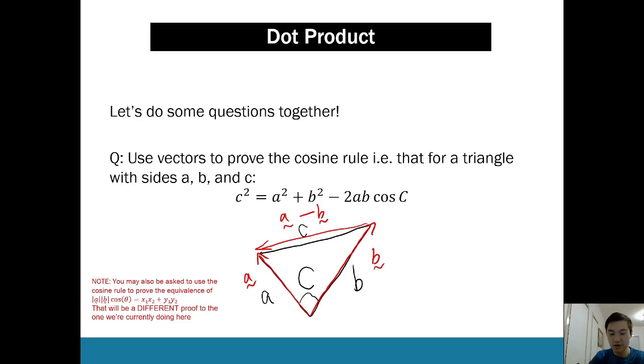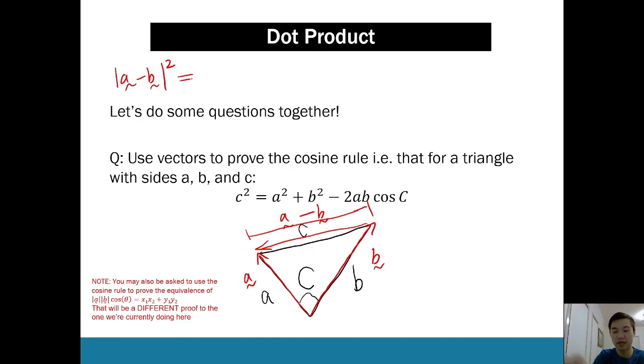So now we want to use vectors to prove the cosine rule. We're trying to show that c squared is equal to a squared plus b squared minus 2ab cos C. So c squared, the length of c here, is the magnitude of a minus b. And c squared, therefore, will be the magnitude of a minus b squared, the length of this vector squared.